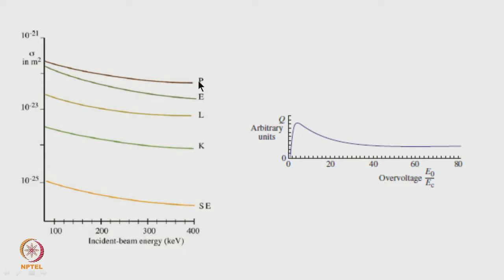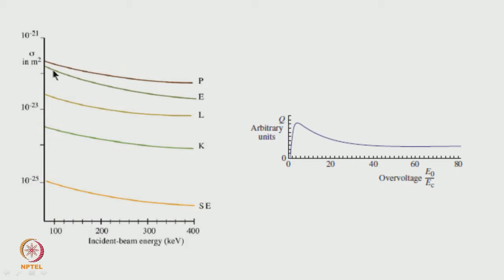This is for plasmon losses, the cross section is between 10 to the power of minus 21 and minus 22. This is for secondary electron emission, the cross section is 10 to the power of minus 25, and this is a function of beam energy which we are plotting. This is for K shell ionization, this is for L shell ionization.